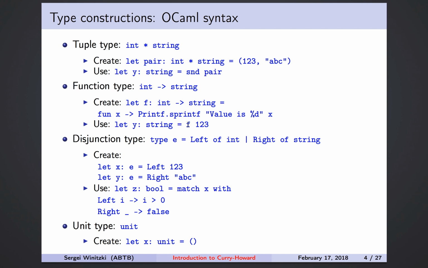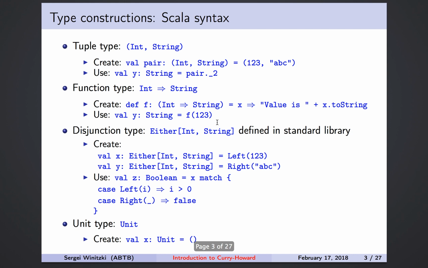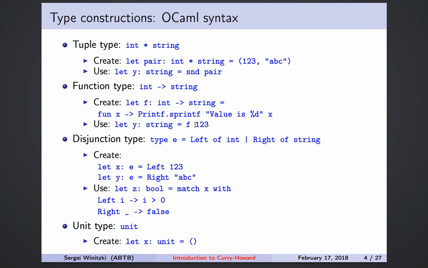To use a function, you apply it to an argument. Now, in OCaml, applying a function to an argument can look like this. In Scala, it requires parentheses around the argument. In OCaml, parentheses are optional. You can write them, but you can also omit them. So if you omit parentheses, then you just write a space. And that's the syntax that people sometimes prefer.